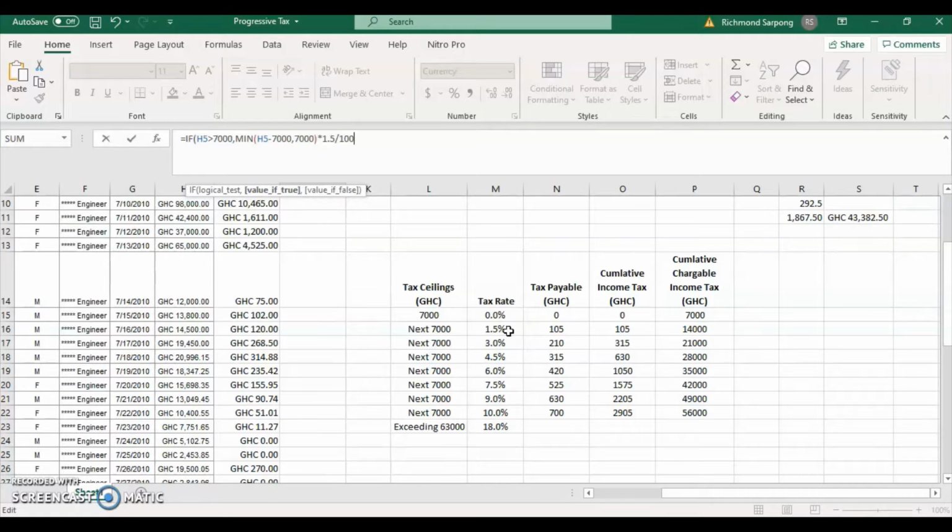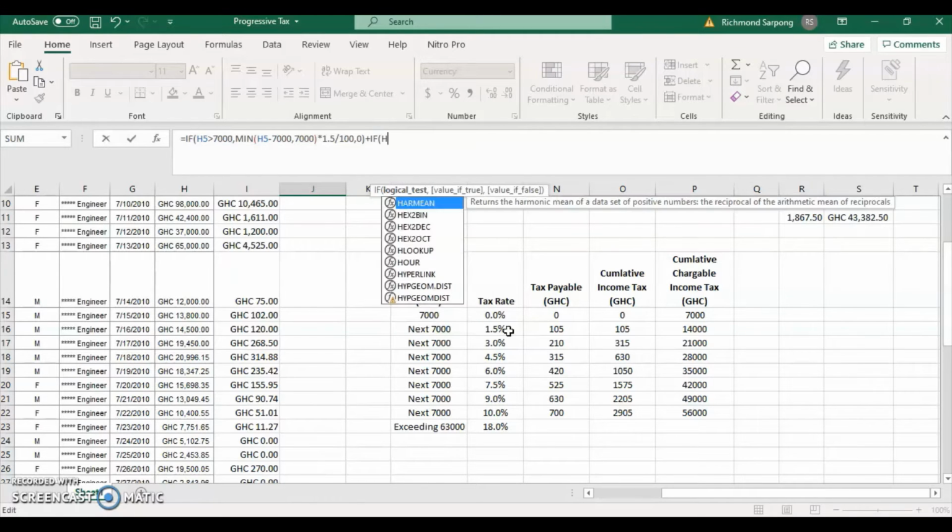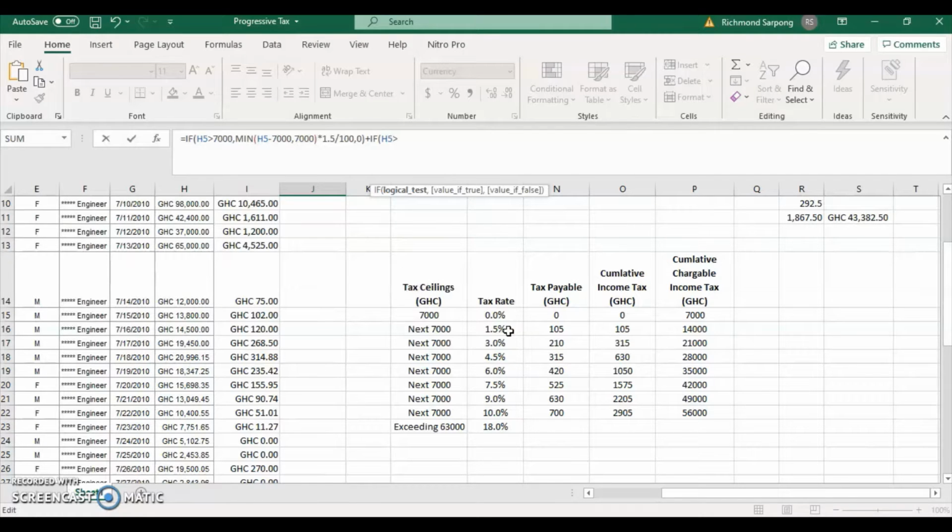Part. There was 0. Close the bracket again. I'll bring the IF plus IF H5 is greater than 14,000.